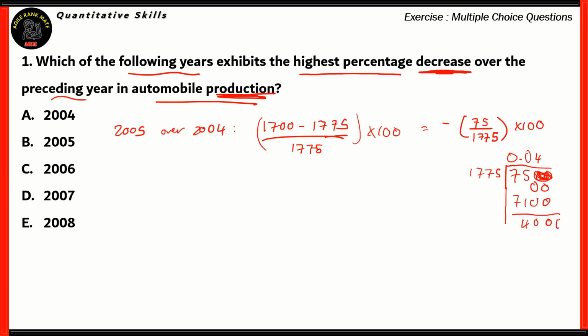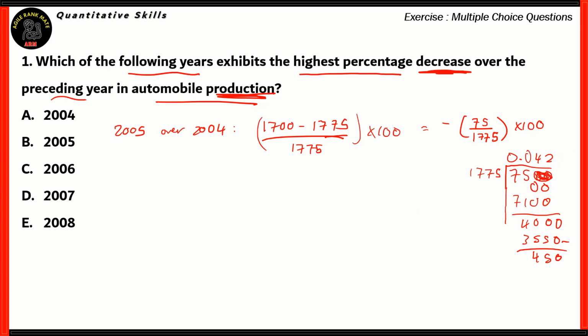So it's not enough. We add another 0 for the next decimal point. So here we have 1775 times 2. So that gives you 3550, and the difference between 4,000 and 3550 is equal to 450, and it continues so on.